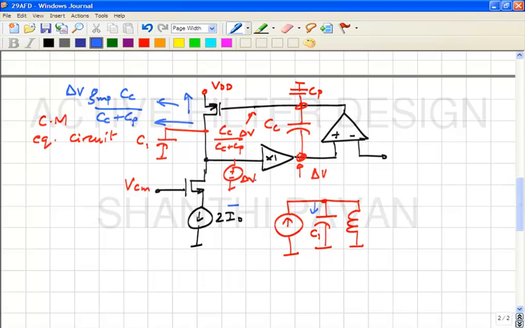Okay, and this will be a step current because delta V is a step. So if you put in a step voltage and a step current flows out, what does that mean? It's a resistor, and what is the value of that resistor? One plus Cp by Cc times 1 over GMP.